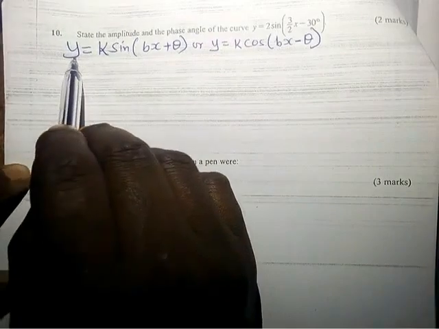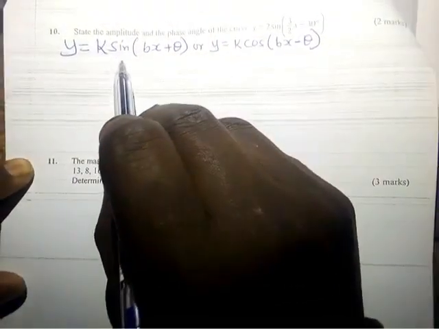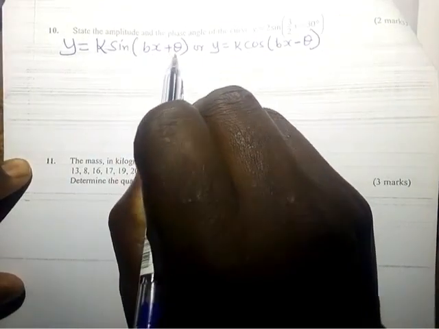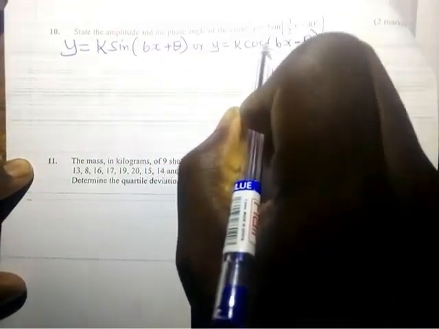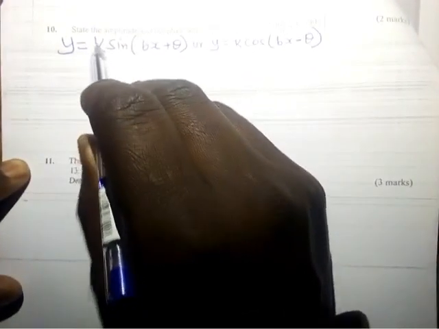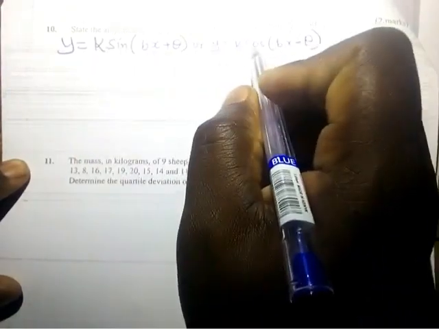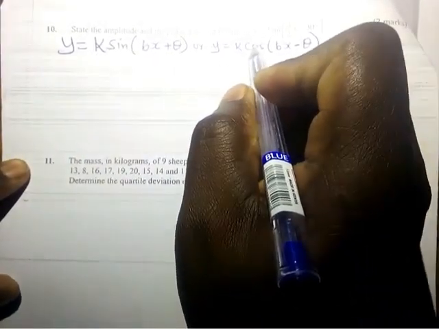So if this one is our equation, y is equal to k sine bx plus theta, or y equal to k cos bx minus theta. So tunataka kujua kwa hii equation, generally unafaa kujua k, the coefficient of sine, the coefficient of cos, or the coefficient of tan. That is what we call the amplitude.